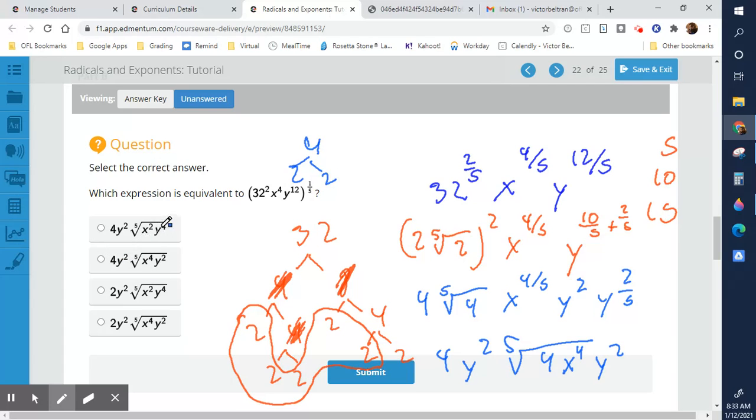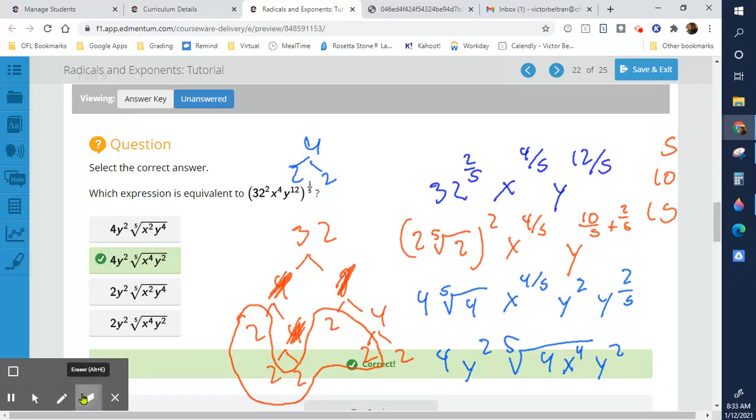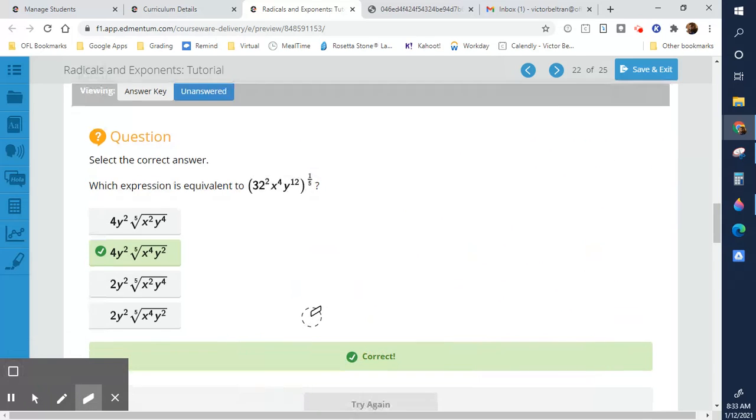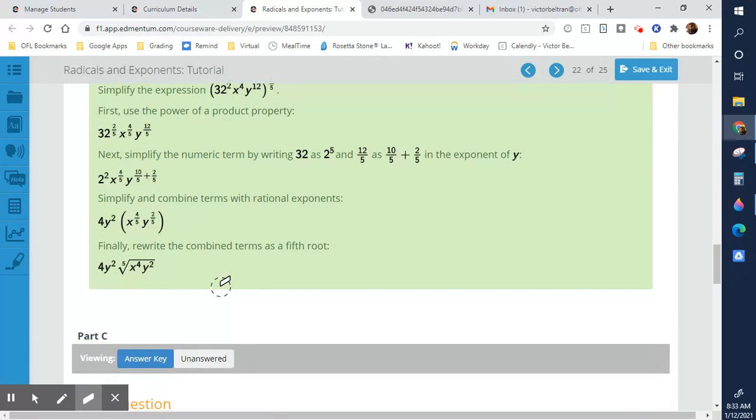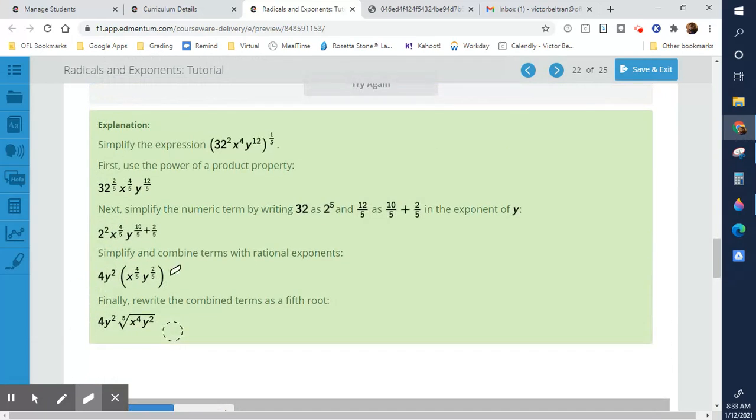Cool. Let me erase all of this. Moving on to the next one, and then you can see how they did it. Pretty similar to how I did it. They just don't show how they broke up the 2. And I must have miscounted somehow because they don't have the 4.